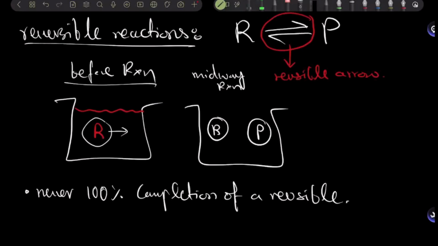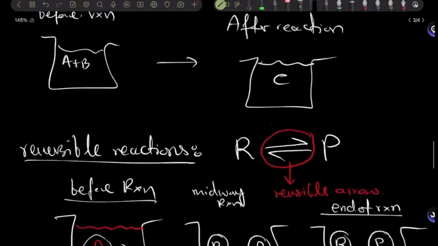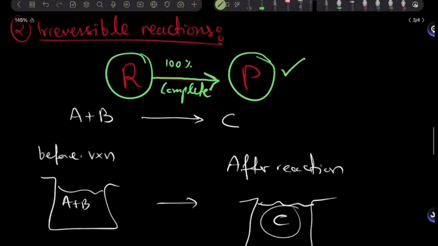So some reactant is still here and we have formed some product. At the end of reaction, what you'll find over here is, again, some reactants and some products. You won't just find the product, you'll still find the reactants as well as the product in the reaction mixture. Whereas in irreversible reactions, you only find the product.